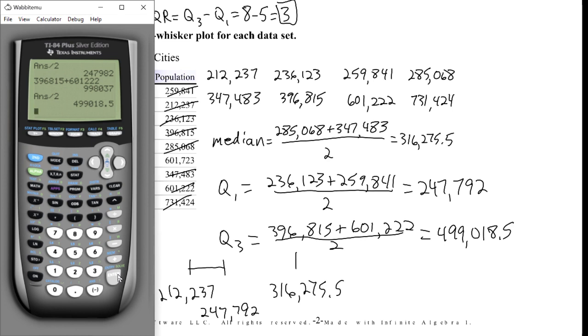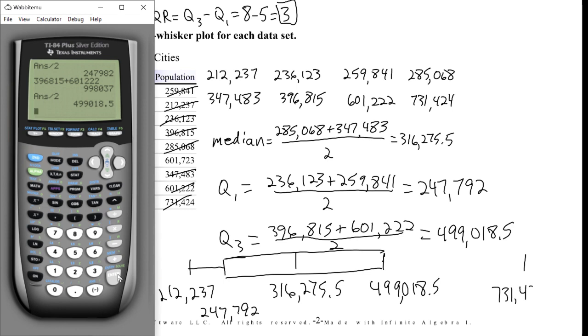And then at 499, maybe there, 499,018.5. That will be our Q3. And then way, way out here at 731,424 is our maximum value. So it looks like that.